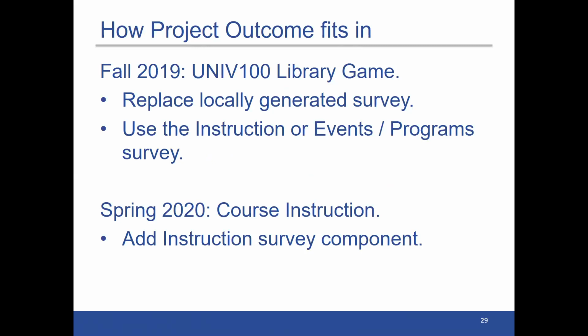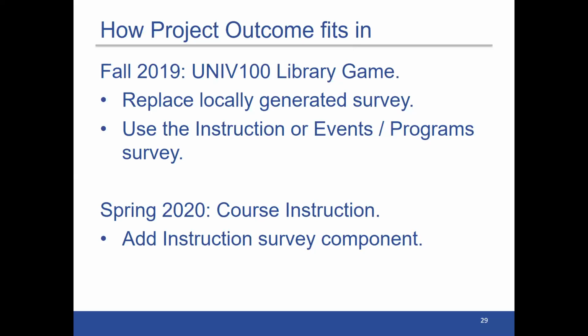It's okay, but we feel like it could be better. And the advantage of using the Project Outcome survey is we also can benchmark against other people and other institutions, and we can get a better idea of what are we seeing. Is it completely idiosyncratic, or are there broader patterns here as well?